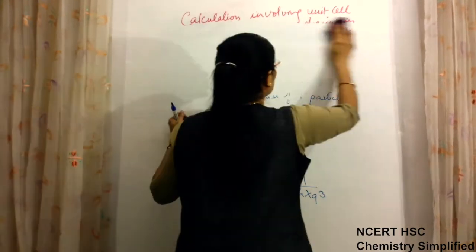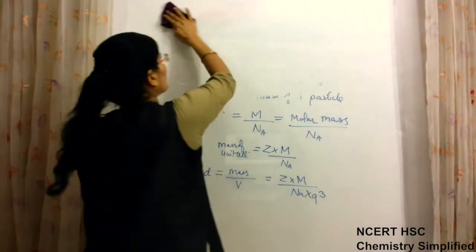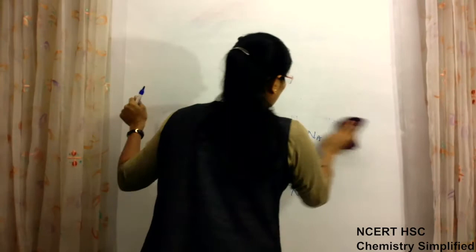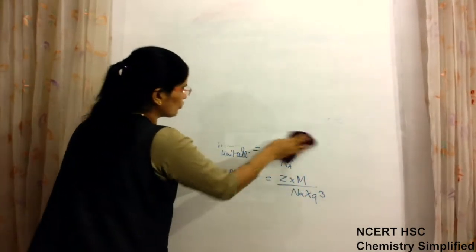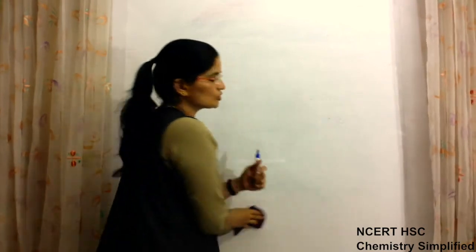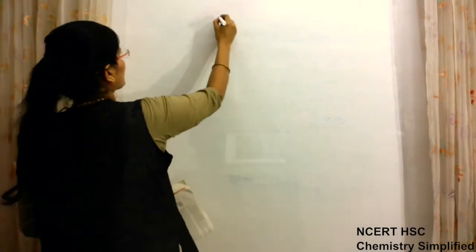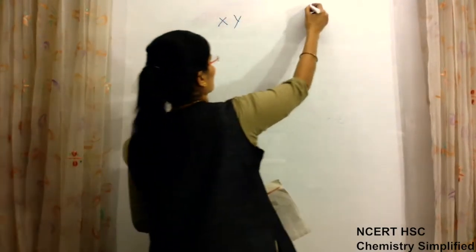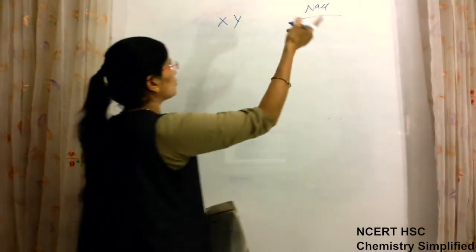Yesterday I had told you that if the number of particles in a crystal is n, then the number of tetrahedral voids is double of it, and octahedral voids are also n. So keeping that in view, there are some question types which are always asked. A question is, a compound is formed by two elements, X and Y. For example, NaCl, which is made up of two components.